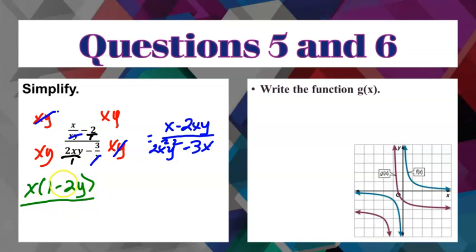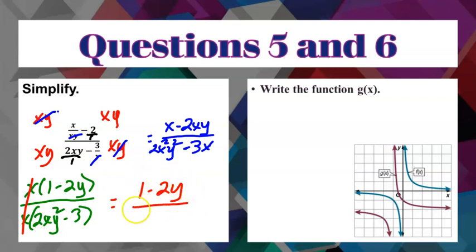And in the denominator, if I factor out an x, I'm left with 2xy squared minus 3. And the x's divide out, and I'm left with my final answer of 1 minus 2y all over 2xy squared minus 3.